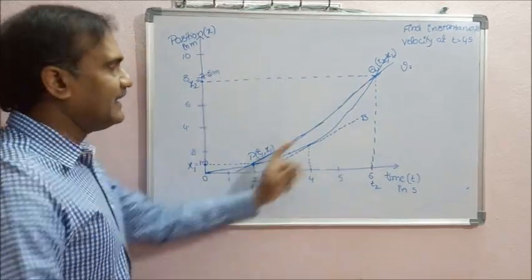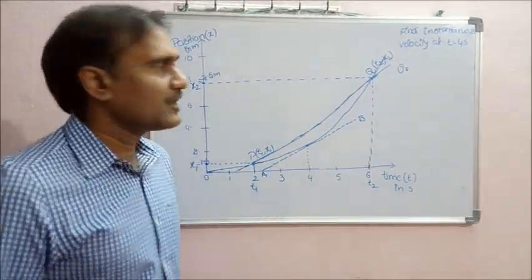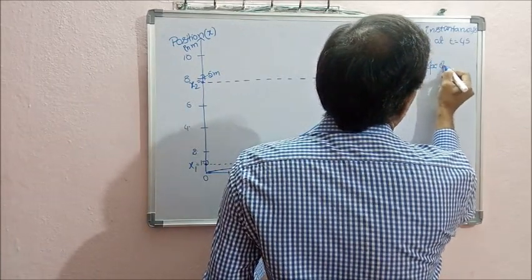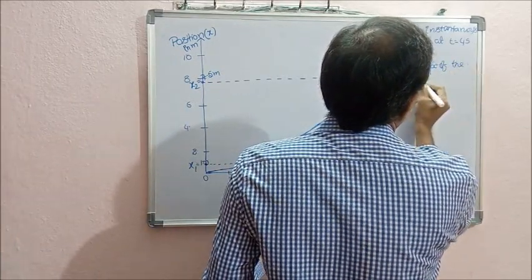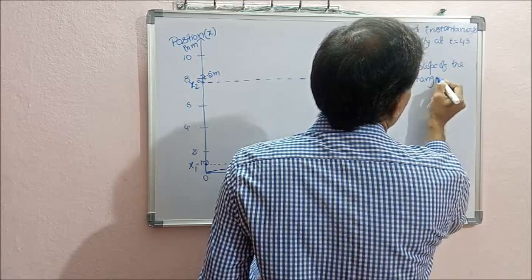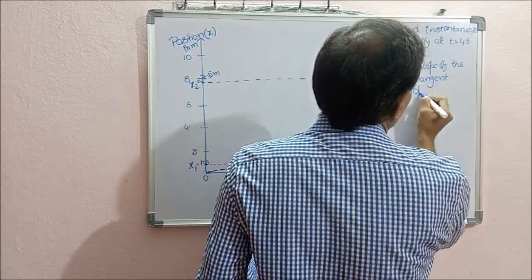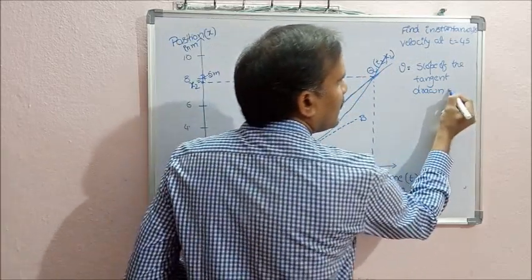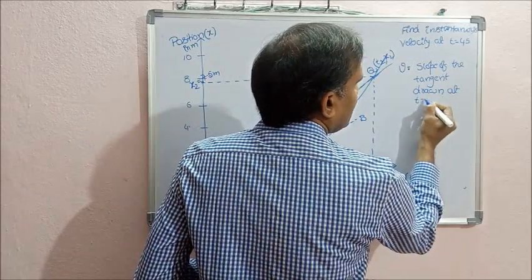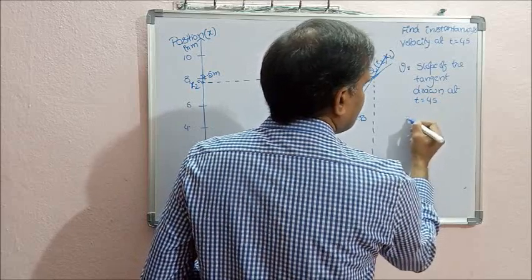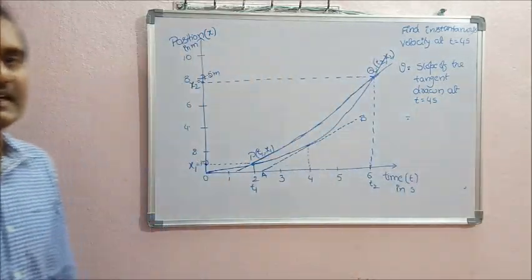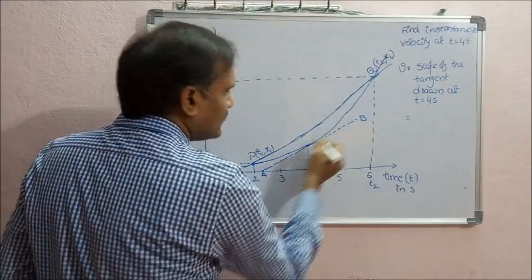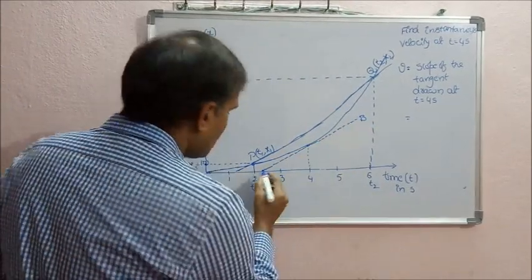Now, instantaneous velocity is nothing but the slope of the tangent drawn at t is equal to 4 seconds. Now we want to find out the slope of this tangent.